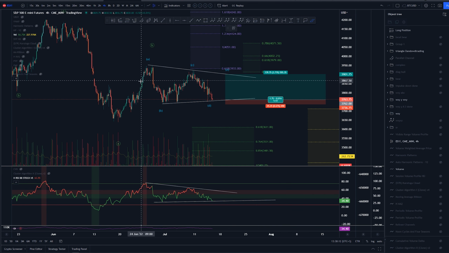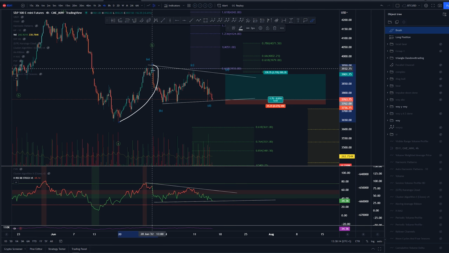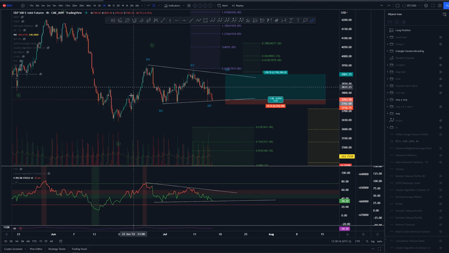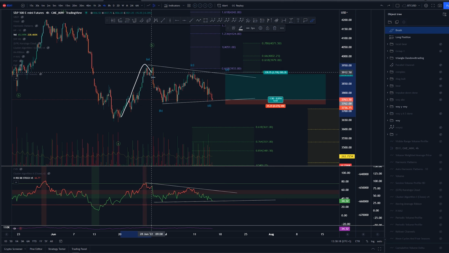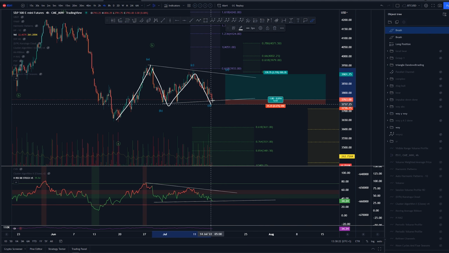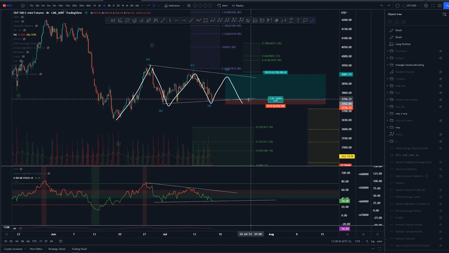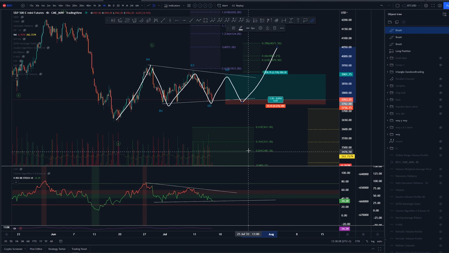The other idea is still here, in which this triangle could be in place still, but instead of this being an A, B, C, D, E, we would have this as an A wave, then A, B, C, D, E. And then we would be looking for a partner leg for this structure over here, so something like this.